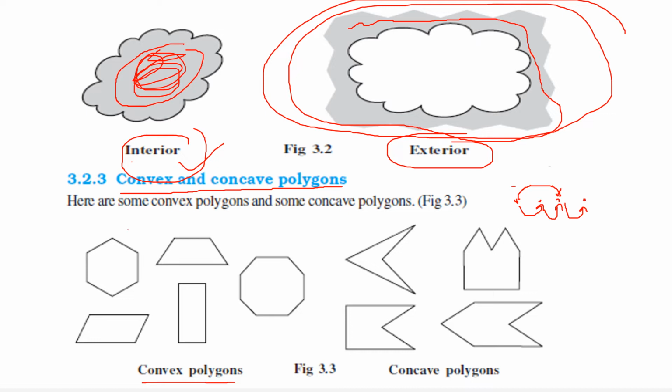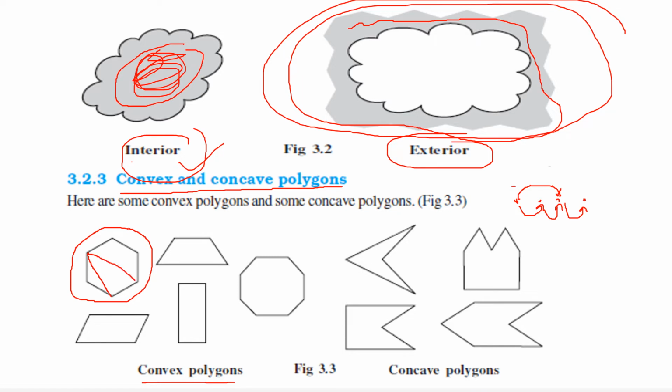Similarly, here in this figure, it has 6 sides. It is known as hexagon. If I take this vertex and join it with this one, is it a diagonal? Yes, because these two points are non-consecutive. So it is the first diagonal.